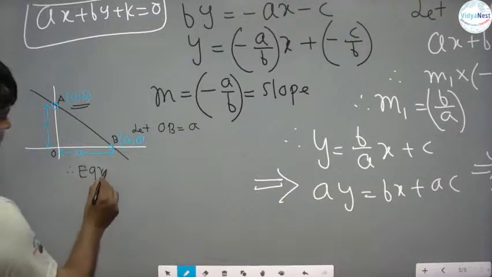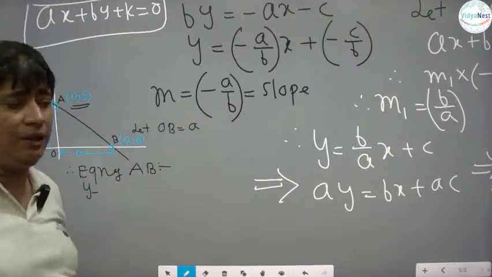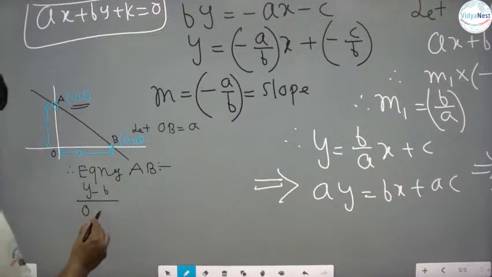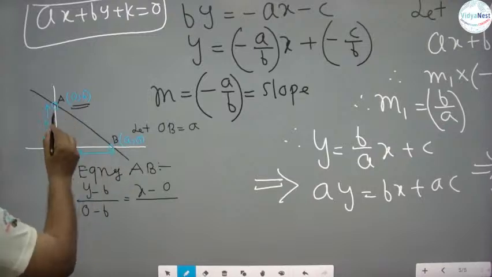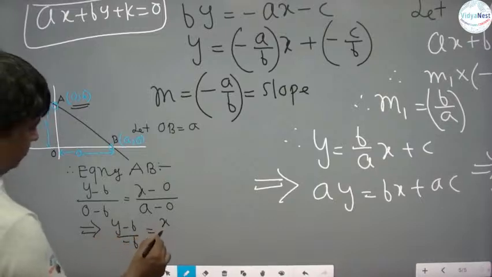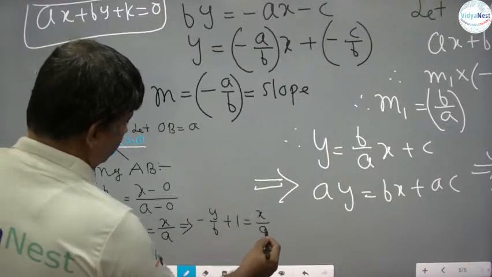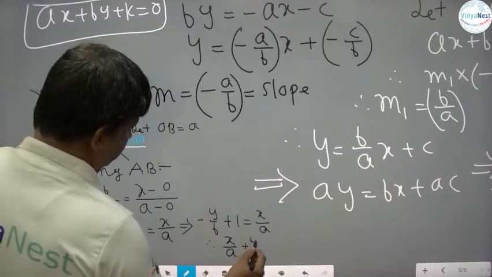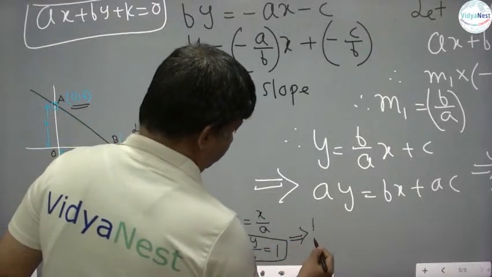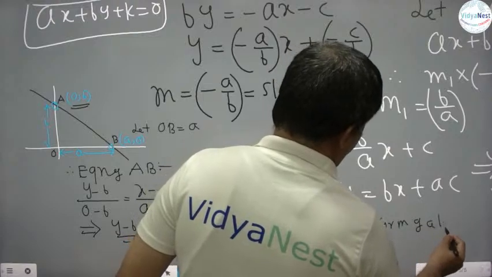So the equation of AB: either one of these will be considered as (x1, y1), the other as (x2, y2). y minus y1 by y2 minus y1 equals x minus x1 by x2 minus x1, that is called the intercept form of a line.